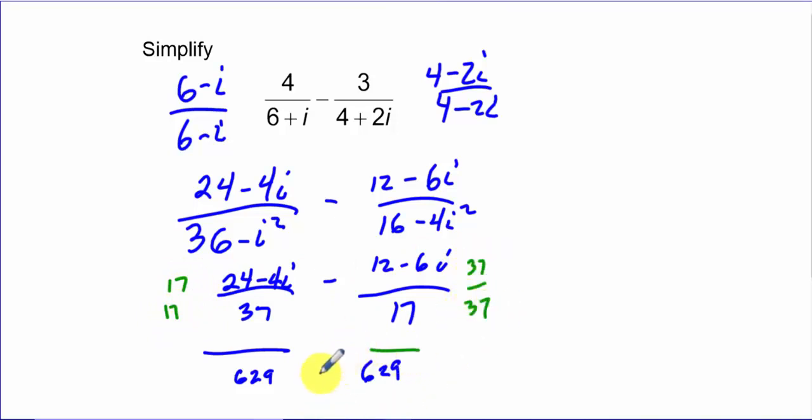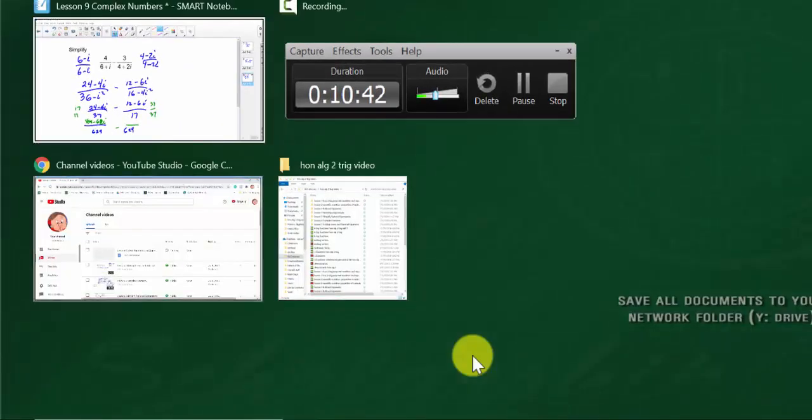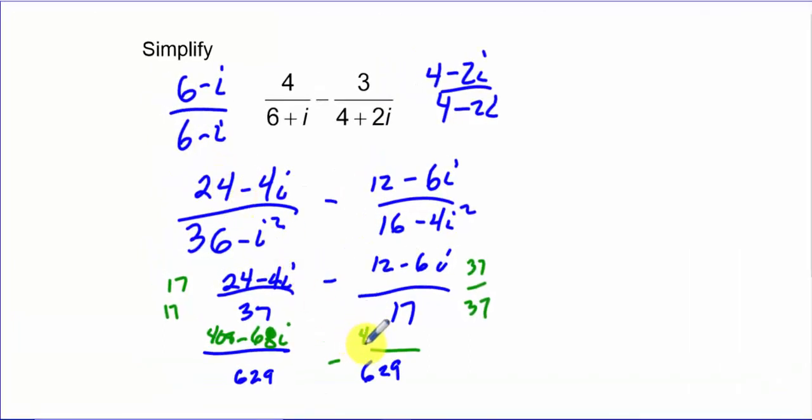All right. So in doing that, I'll just multiply 17 times 24, that gets me 408. 17 times a negative 4 gets me, what, 68. And then 37 times 12 is going to get me about 444. And 37 times 6 is 222.